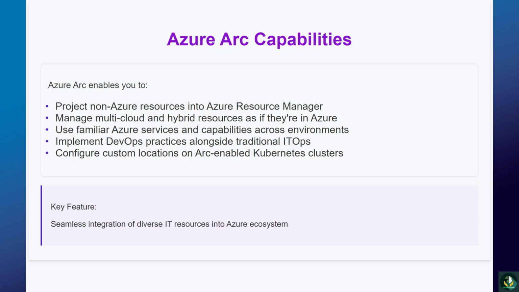This capability further extends the reach of Azure services and enables truly distributed application architectures. By providing these capabilities, Azure Arc enables organizations to seamlessly integrate diverse IT resources into the Azure ecosystem, creating a unified, consistent, and powerful management platform across all environments.